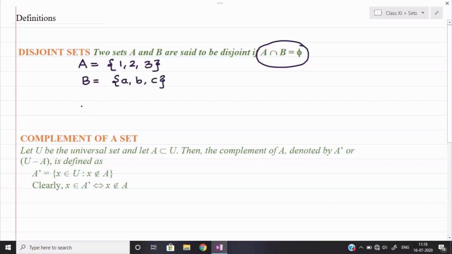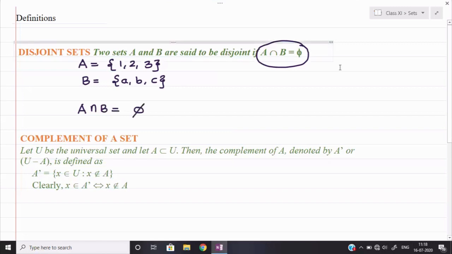Now you observe that between A and B, their intersection is equal to ∅, right? So A intersection B is equal to ∅. These kinds of sets are called disjoint sets.